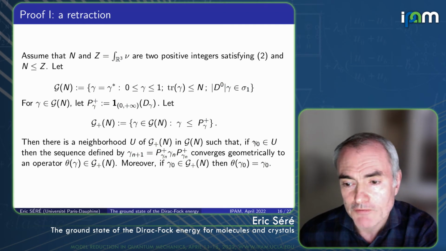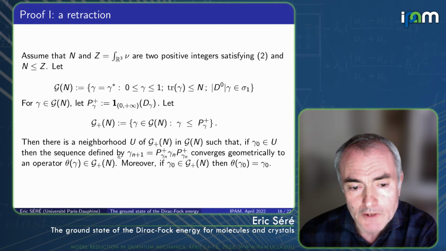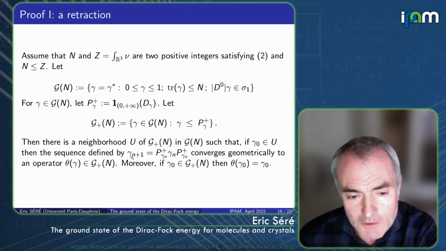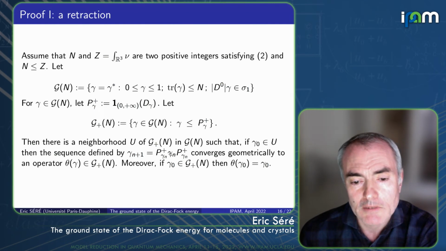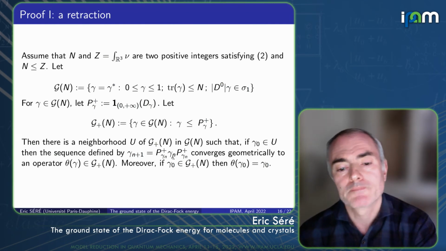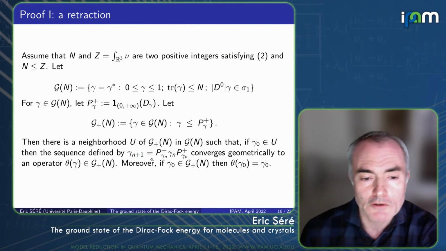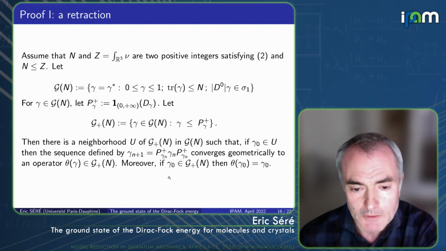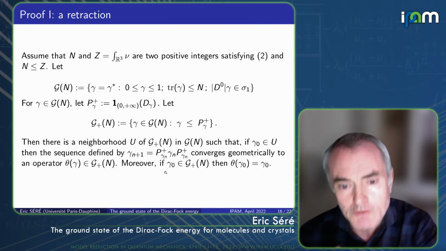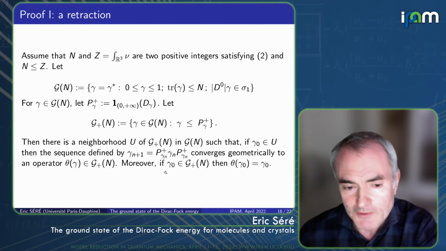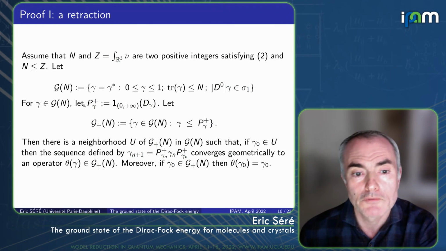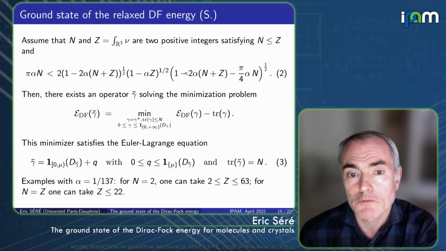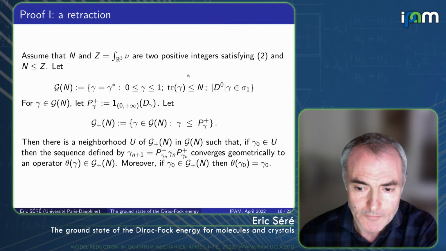Okay? So you start from gamma 0 in this neighborhood, and you define a sequence by saying that gamma n plus 1 is just gamma n sandwiched between two copies of the projector associated with gamma n. Okay, so this is a contraction. Well, you can prove that this sequence has contraction properties, and you can prove that it converges at a geometrical rate under, of course, this awful assumption 2.